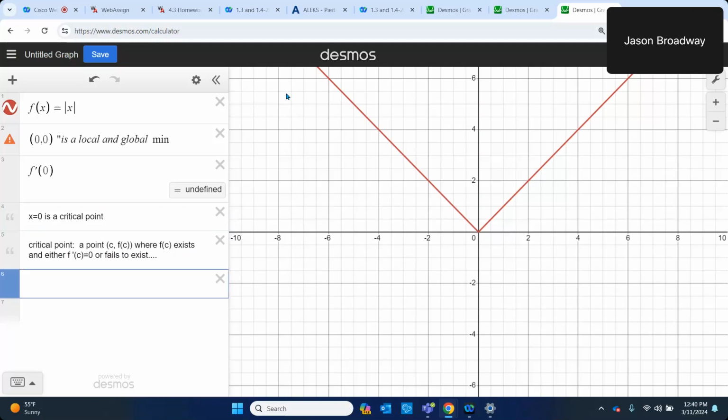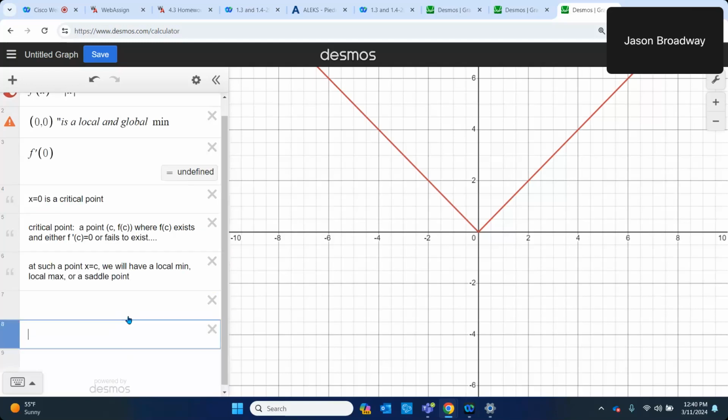And at such a point, x equals c, well, what happens? We will have a local min, local max, or a saddle point. It happens all the time.